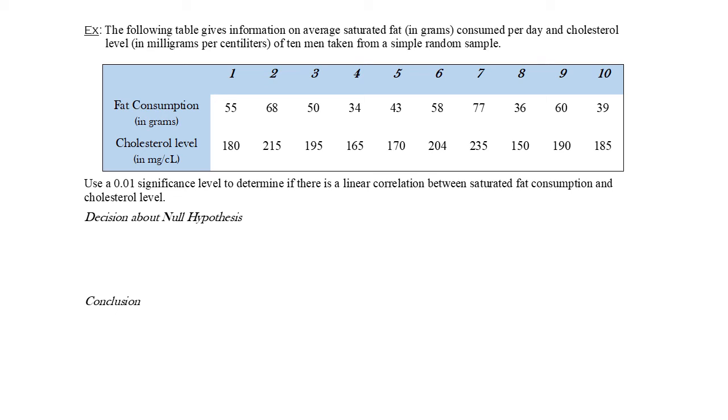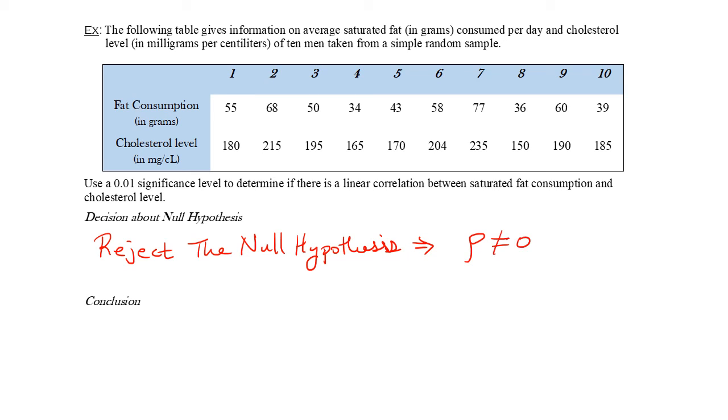Okay, so as we saw before, we got a high enough test statistic that we were able to reject the null hypothesis. And hence here, that means that we're going to say that rho is definitely not 0.